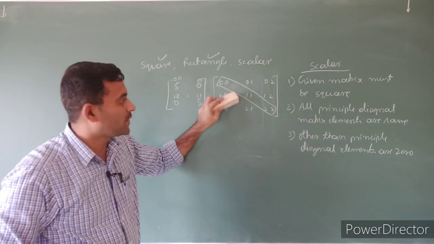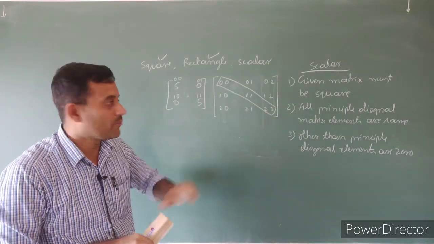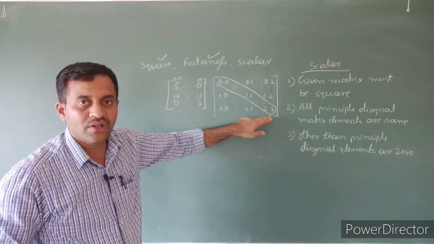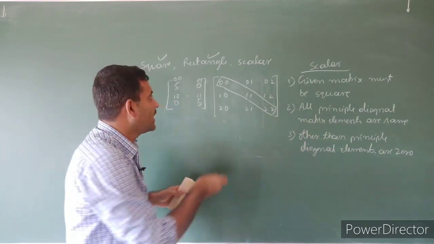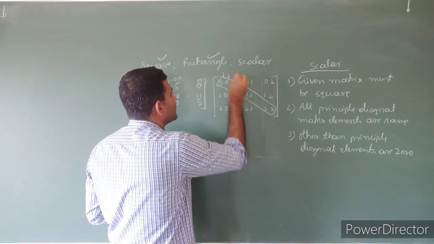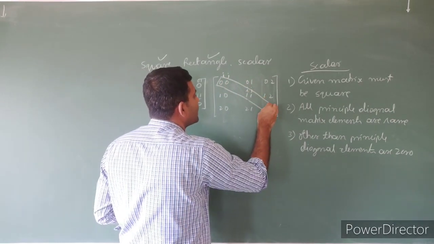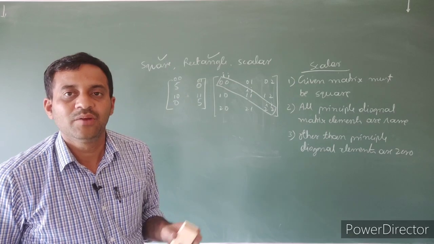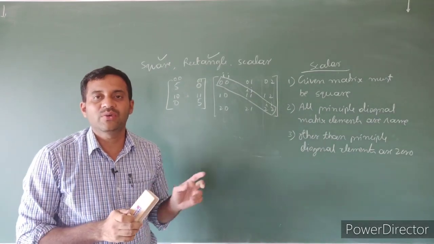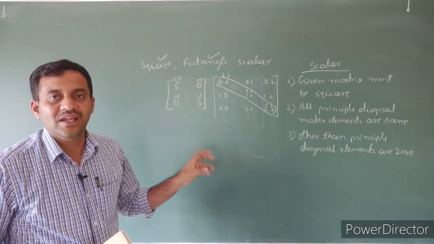What is the address of principal diagonal elements? It is always same: 0 0, 1 1, 2 2, 3 3, 4 4. Both i and j values are same. If i and j values are same, then it identifies the principal diagonal elements. Based on this value, we have to verify the scalar.